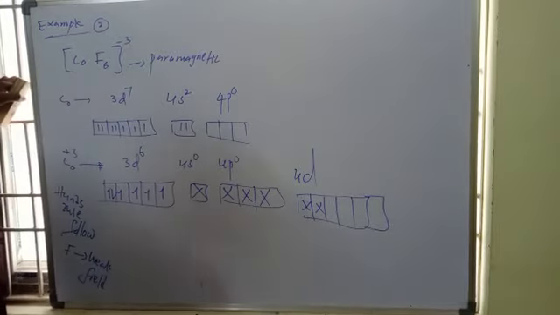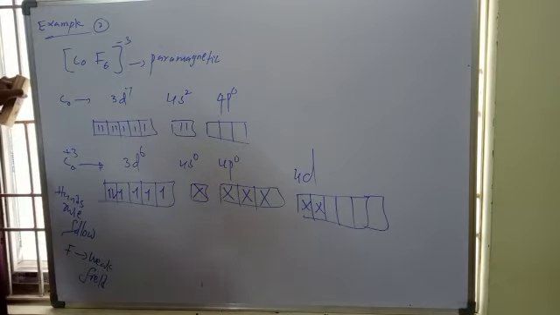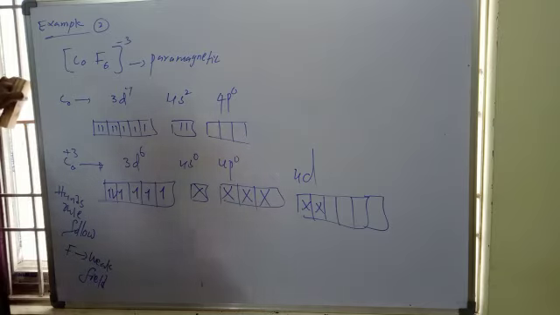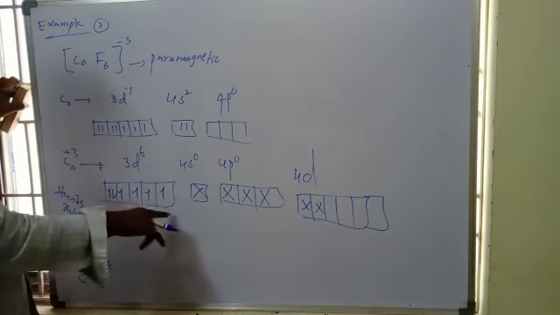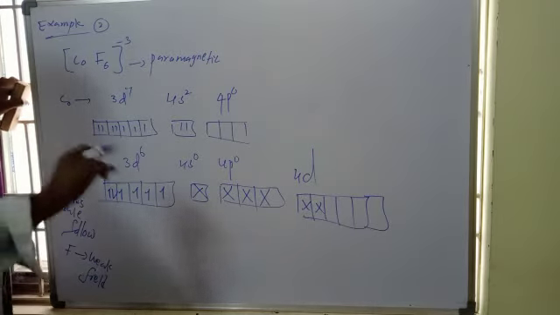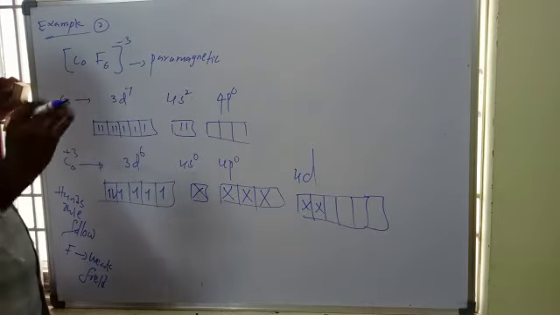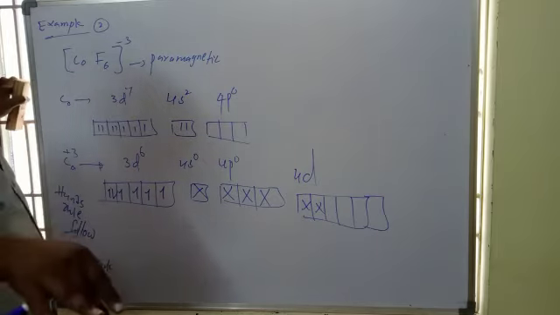In the previous case, ammonia is a strong field ligand, and in such cases electrons pair up, which is why it was diamagnetic. Here fluorine is weak field, so Hund's rule follows and there is no vacant orbital in the 3d orbitals. With coordination number 6, the hybridization may be sp3d2 or d2sp3.